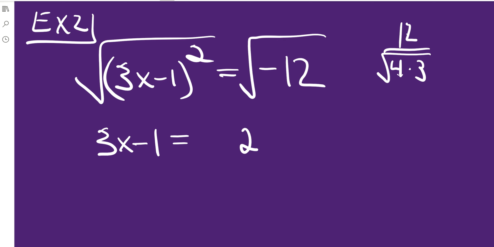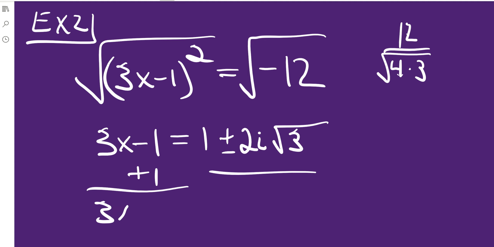So 2 comes out in the I, and what's left inside is the 3. And in front of that, I've got my plus or minus whenever I'm taking the square root of that number. All right, let's proceed. I'm going to add 1 to both sides. The 1 I'm just going to put here.